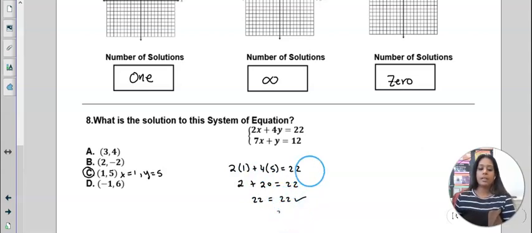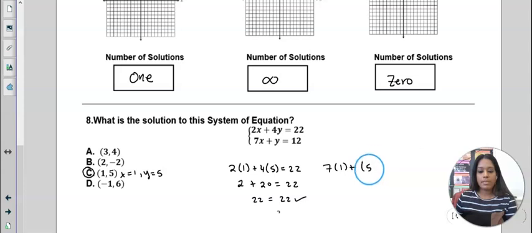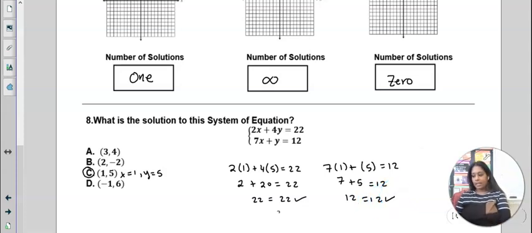That works out. But it also has to work for the second equation. So 7 times 1, because x is 1, plus y is 5, does it equal 12? 7 times 1 is 7, plus 5. 7 plus 5 is 12, and 12 does equal 12. So that's another way you can check your answer to see if you get a true statement.